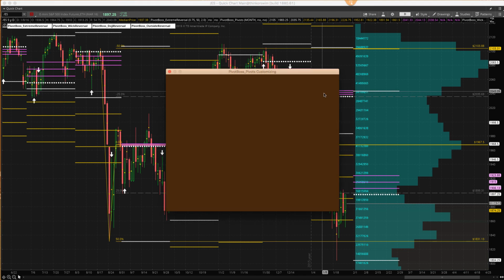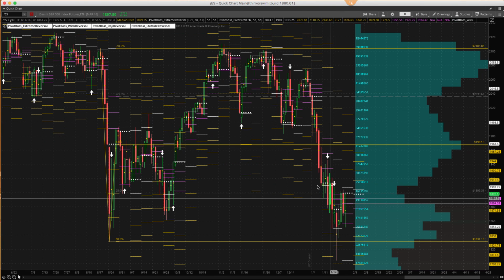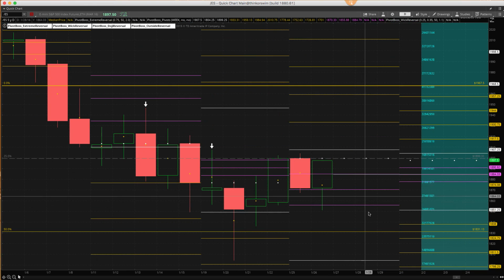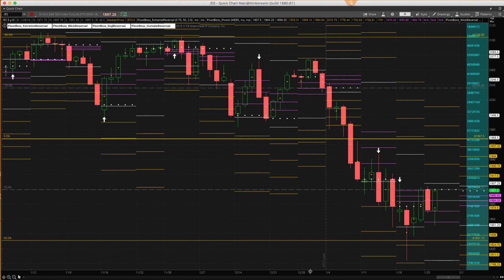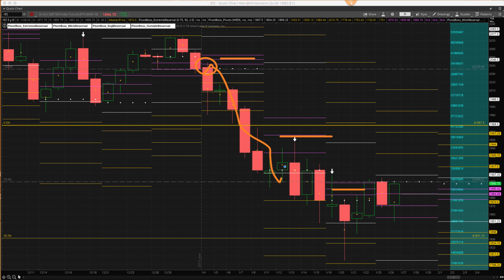But by bringing up the pivots here and shifting them to a weekly time frame, the weeklies will give you a lot better idea of what's going on in the short term off of the key levels. And this is kind of what I was talking about before, where look at this downtrending market, downtrending market, downtrending market. Sell here, right? Sell here.